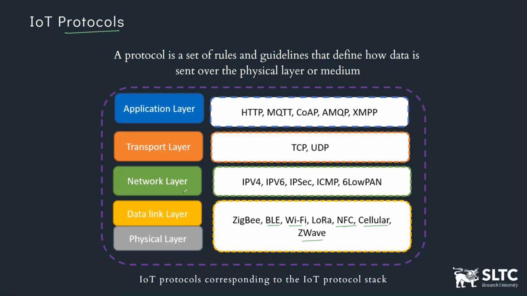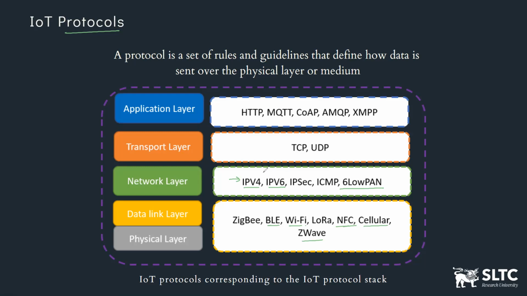And then secondly, we will discuss the network layer protocols. We have multiple protocols there. In this module, we will discuss mainly the IPv4, IPv6, and 6LoWPAN protocols. IPv4 is the Internet Protocol based addressing protocol, so we can provide a unique address to each of the devices using IPv4.